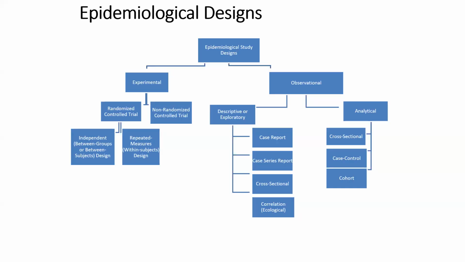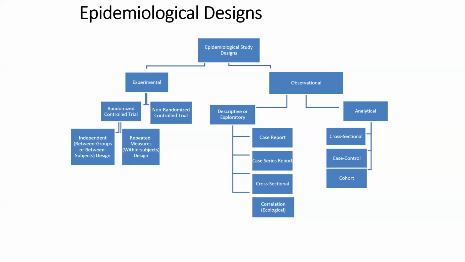In experimental, you are making some changes and seeing how those changes are being received or accepted between one group and the other. But in observational, you are just merely watching what's happening. You're not getting involved. You're not doing an intervention. You're not creating any changes.